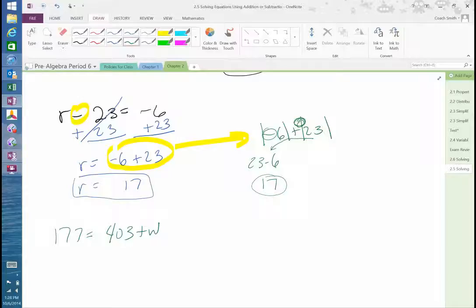It's still the same process. When you get the answer, raise your hand.